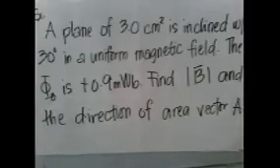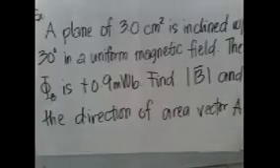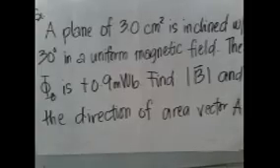So let's have some examples. A plane of 3.0 centimeter squared is inclined at 30 degrees in a uniform magnetic field. The magnetic flux is positive 0.9 milliweber.